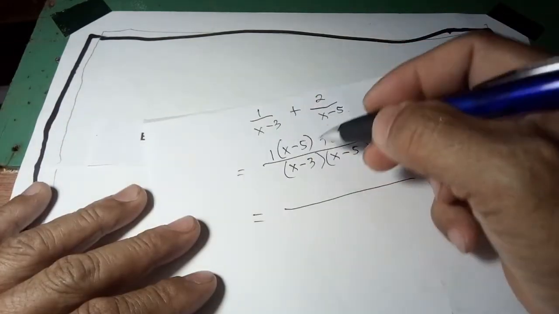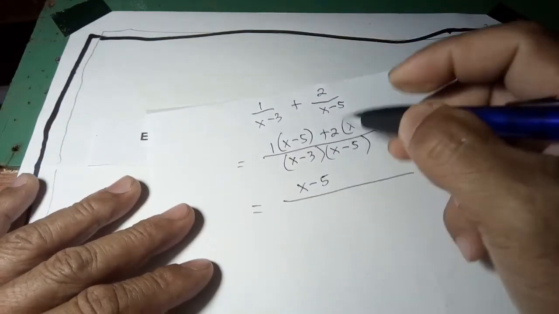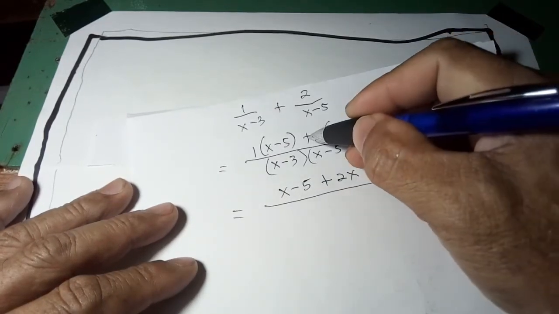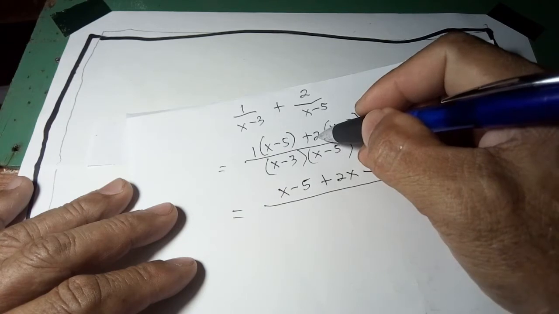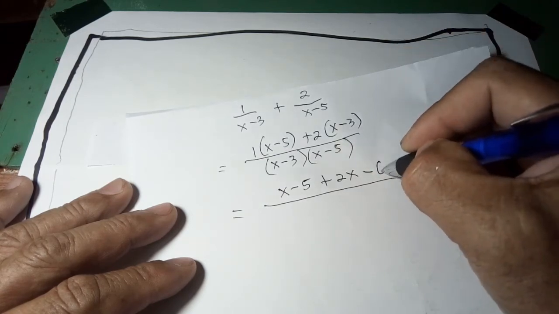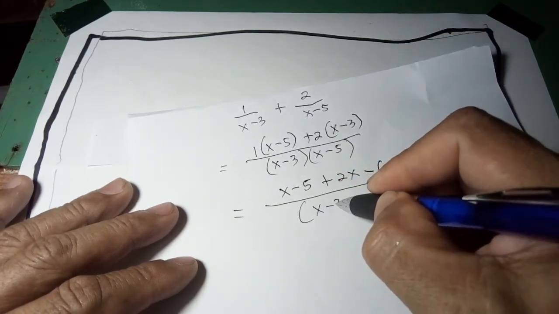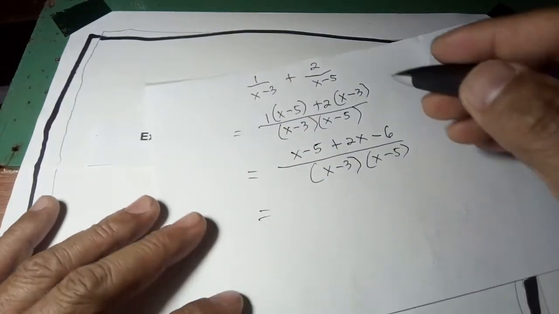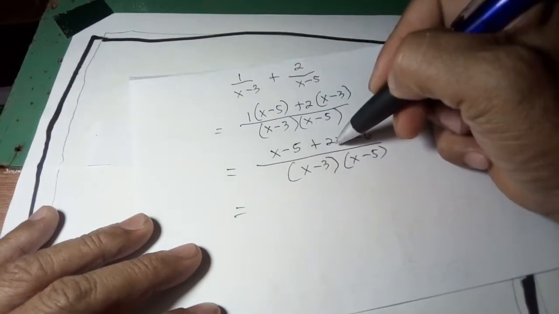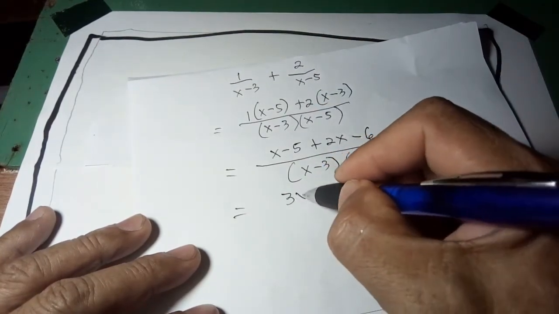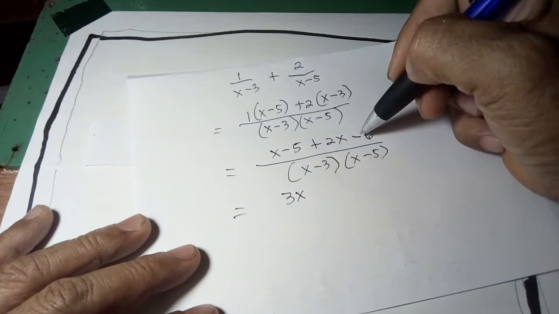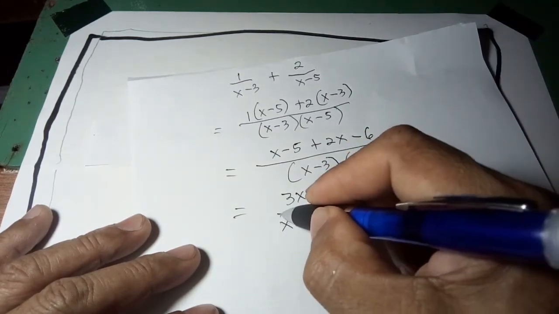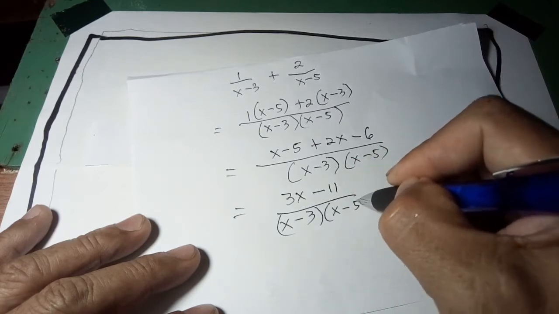Then simplify. 1 times x minus 5 is x minus 5, plus 2 times x is 2x. Positive and negative is negative, 2 times 3 is 6, all over x minus 3 times x minus 5. Combine similar terms, x and positive 2x, that is 3x. Negative 5 and negative 6 is negative 11, over x minus 3 times x minus 5.